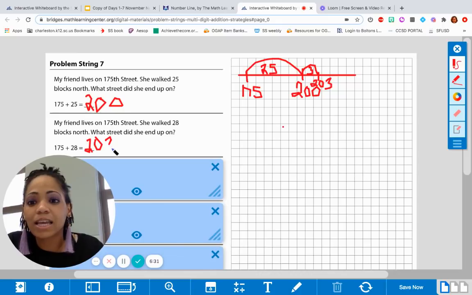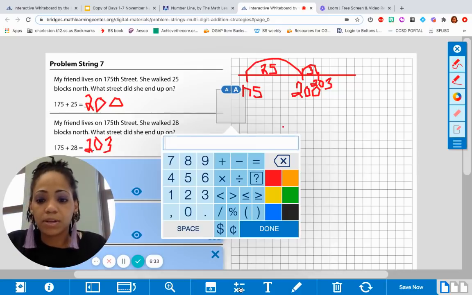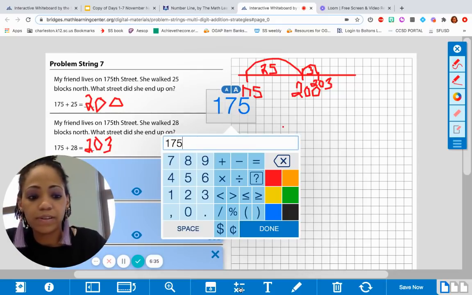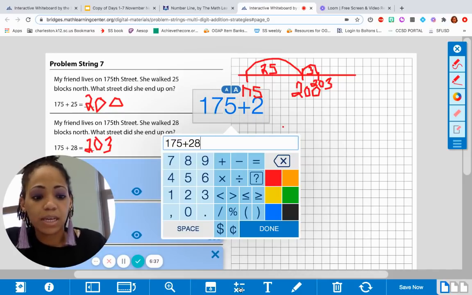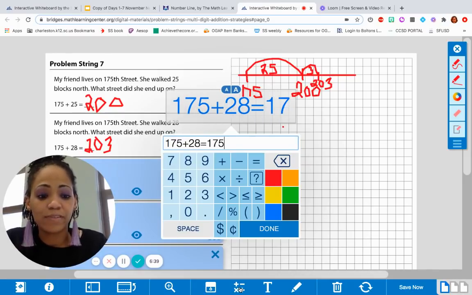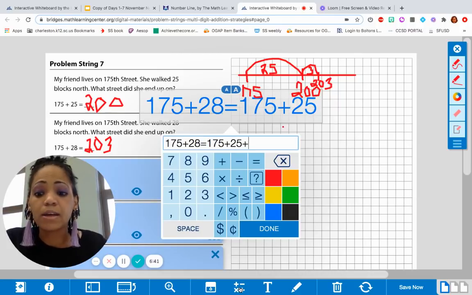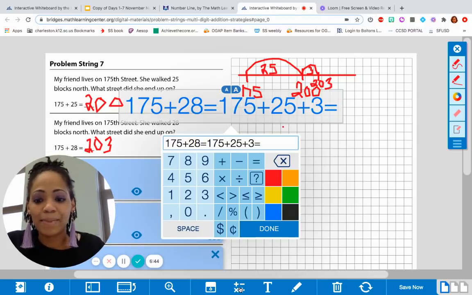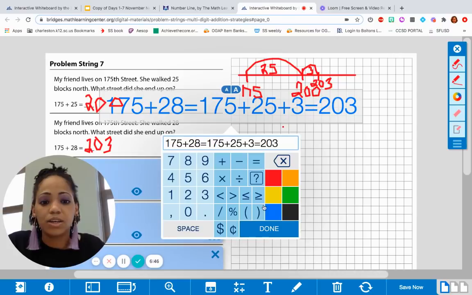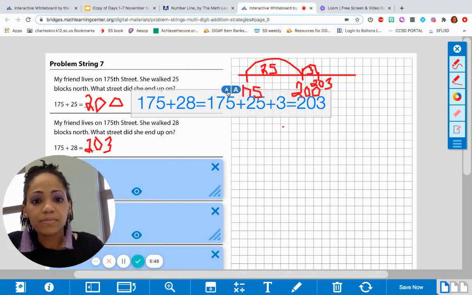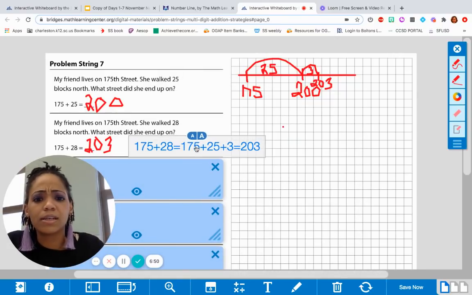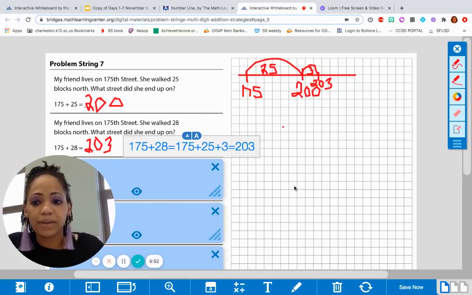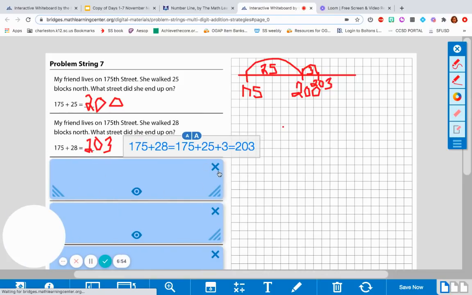It's kind of like saying, and I'm going to type it out here, 175 plus 28 is equal to 175 plus 25 plus 3. And we're going to get the same answer, 203. Y'all agree? Making sense? All right, perfect. All right, well, let's look at the next one.